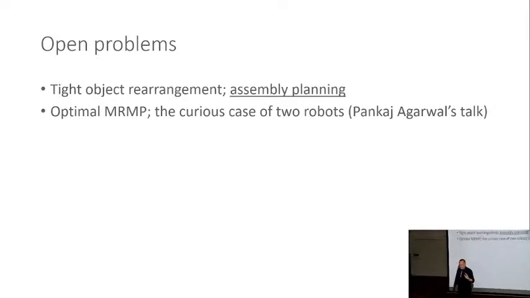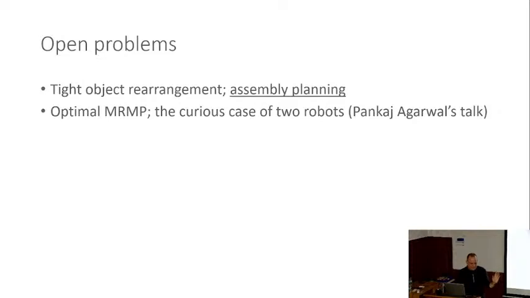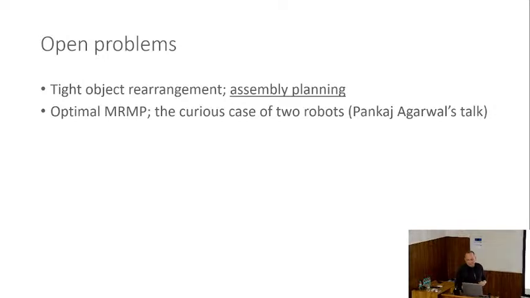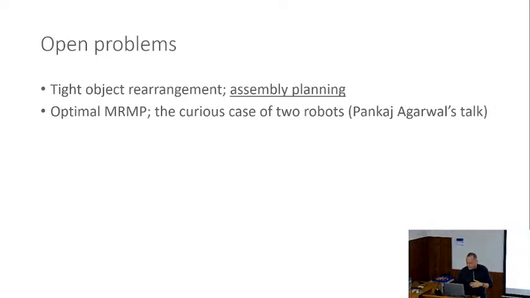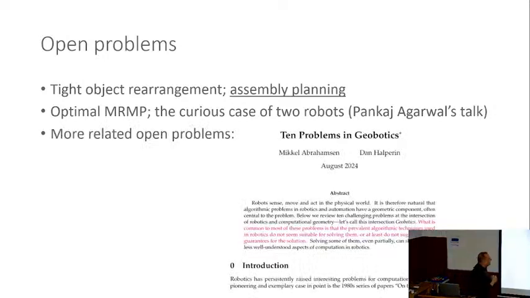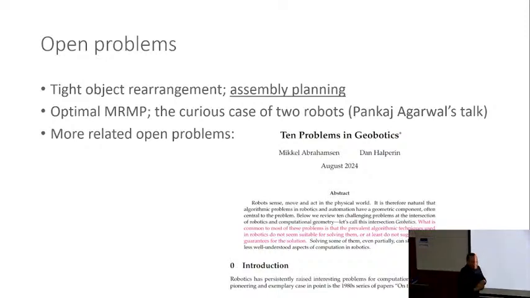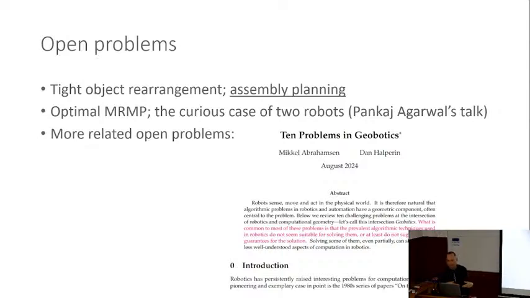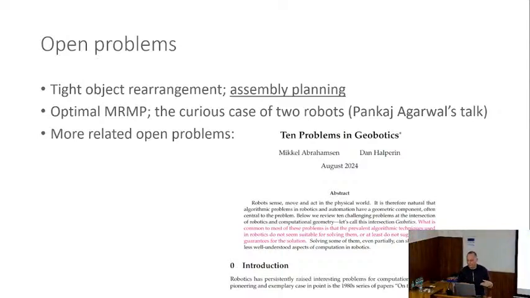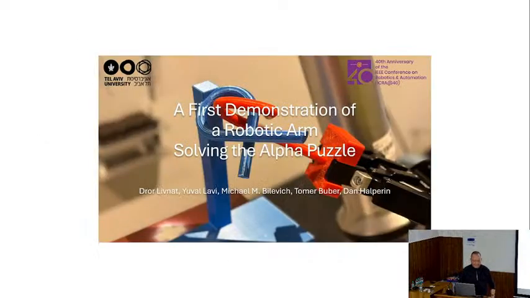I think it's something with very, very little understanding. But I leave it for Pankaj to describe later. Let me mention that Mikkel and I wrote a review of open problems in the intersection of robotics and computational geometry. It's available on the archive.